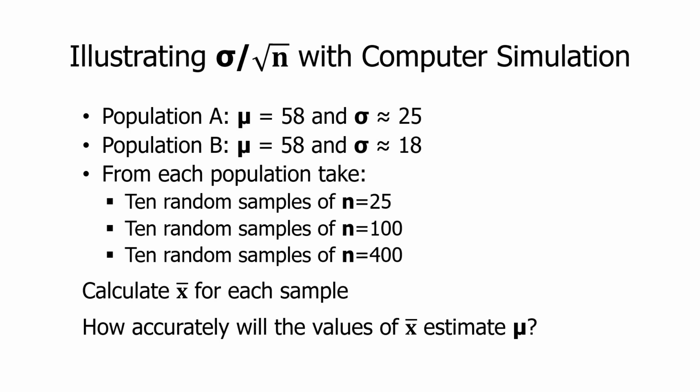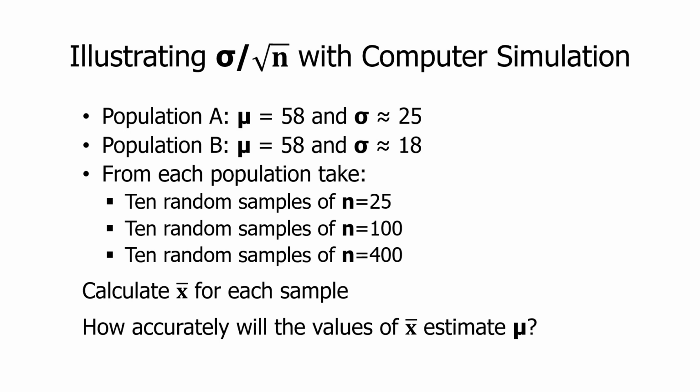So we're going to calculate X bar for each sample, the 10 samples of 25, the 10 of 100, the 10 of 400. And we're going to ask ourselves, how close do these values of X bar get to mu, and how much effect is there of both sample size and variation?